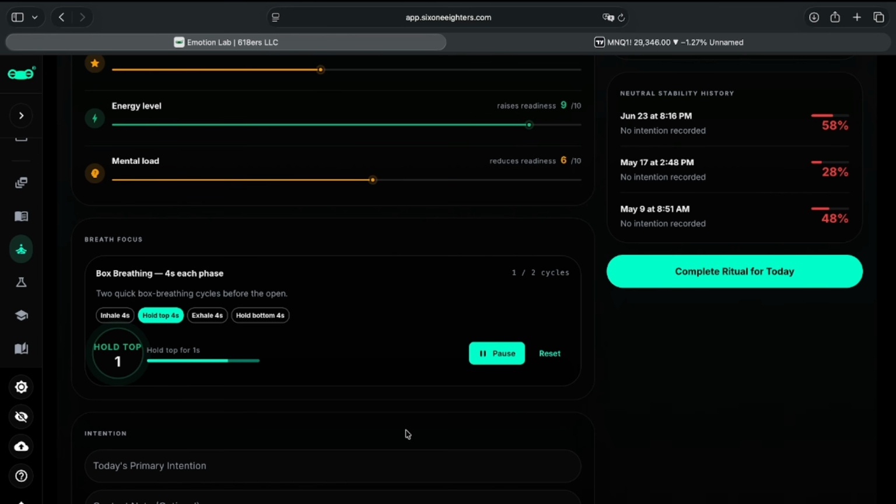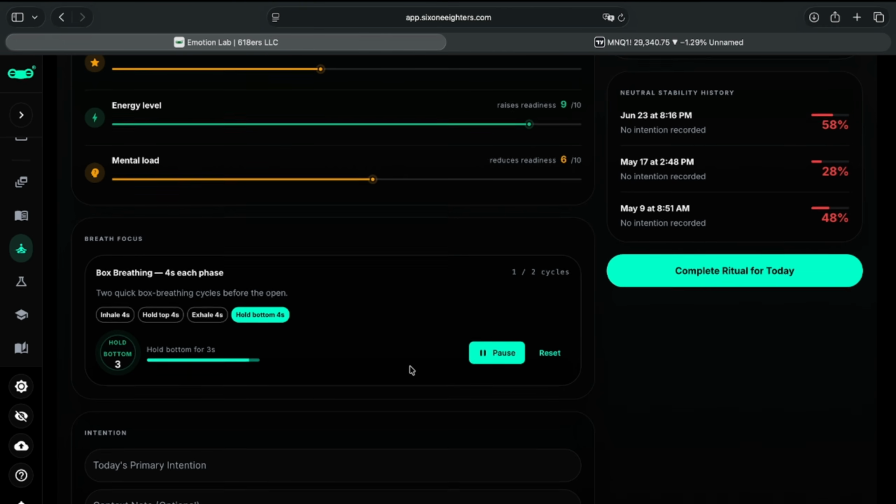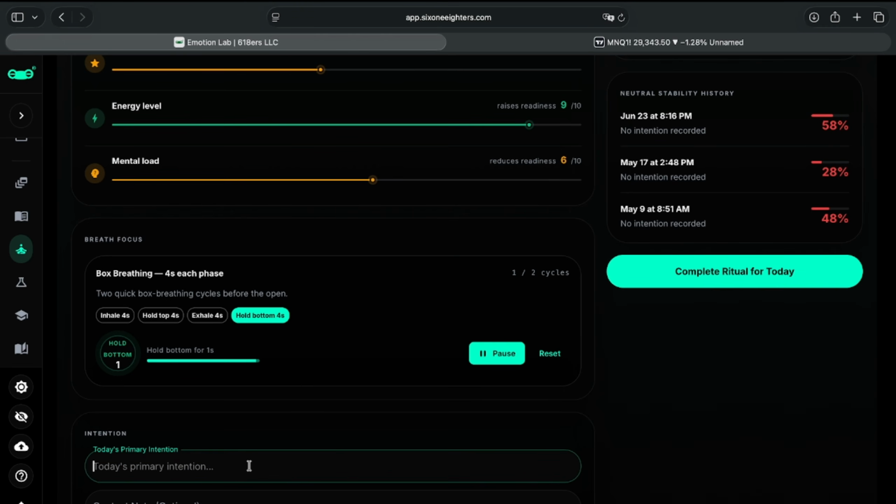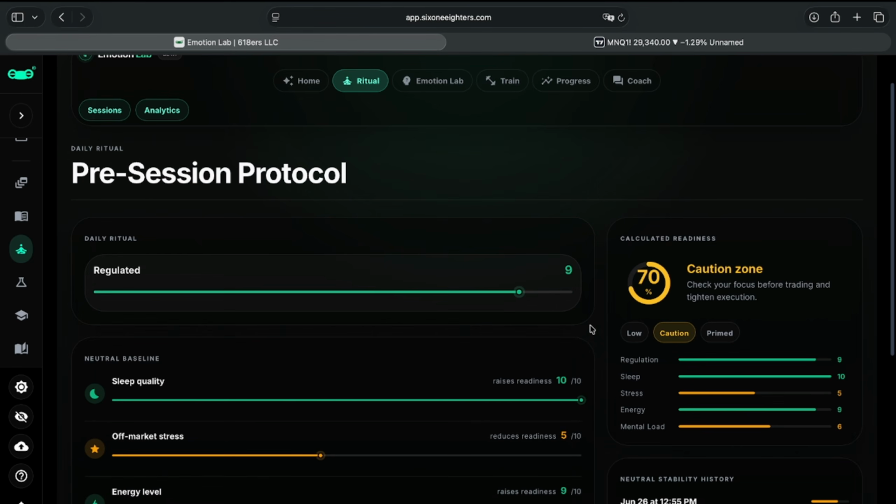Perfect. I can also write an intention here. Let's say over risking and stop loss are crucial, or whatever. You can write anything in here. So we complete the ritual for today.